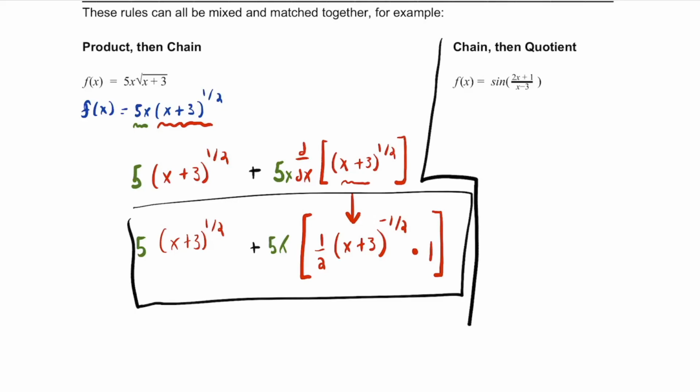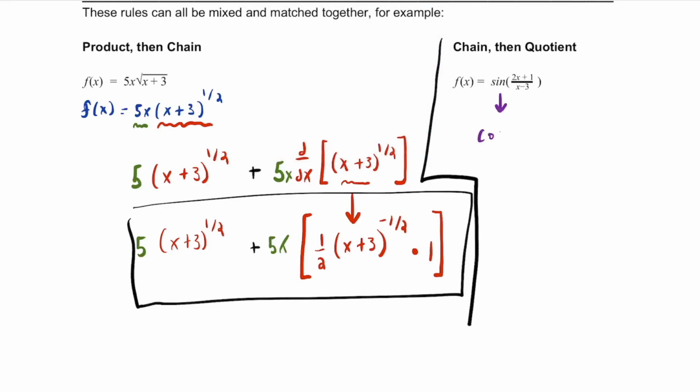We could have chain with something going on inside of it, right? So we have a chain rule here because it's the sine of something that's not just x, something that's 2x plus 1 over x minus 3. So the first part of the chain rule is going to be pretty straightforward. It's the derivative of the outer function.